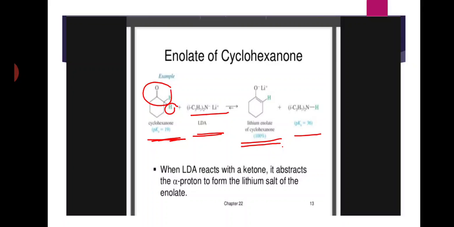Cyclohexanone reacts with lithium diisopropylamide and forms the lithium enolate of cyclohexanone, and here diisopropylamine is formed. When LDA reacts with a ketone, it abstracts the alpha proton to form the lithium salt of the enolate.